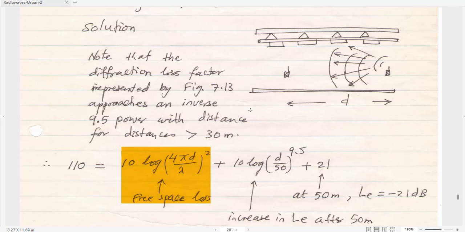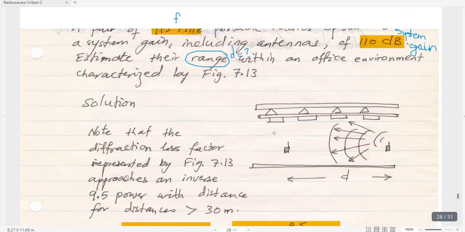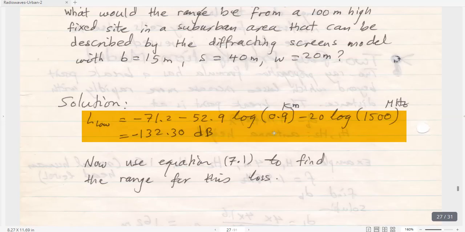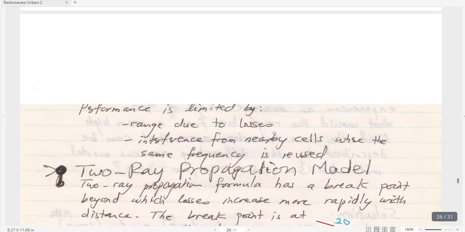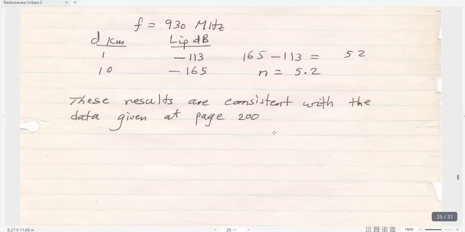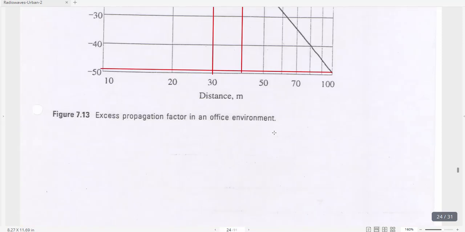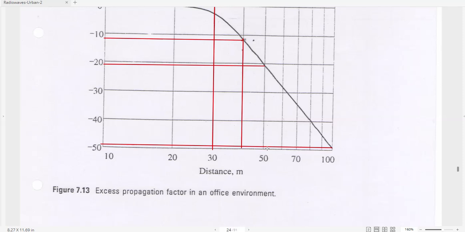And this is the loss in excess of free space. This is the extra loss after the free space. At 50 meter, you can see here, at 50 meters the loss is around minus 21 dB.